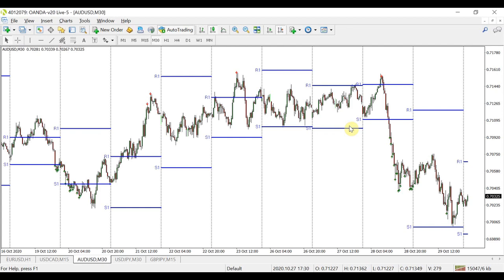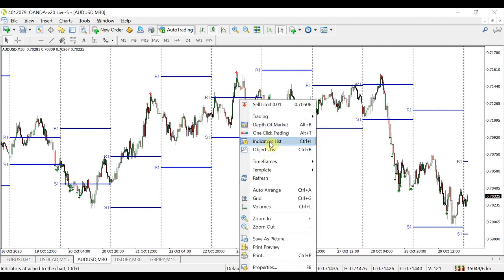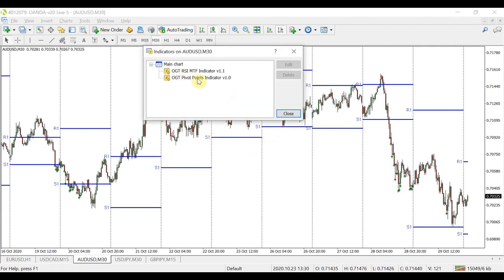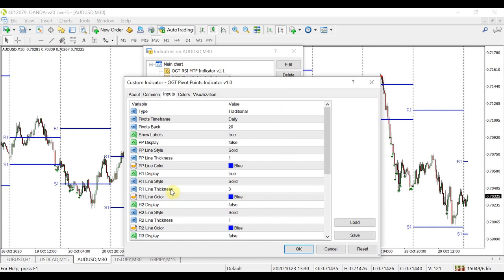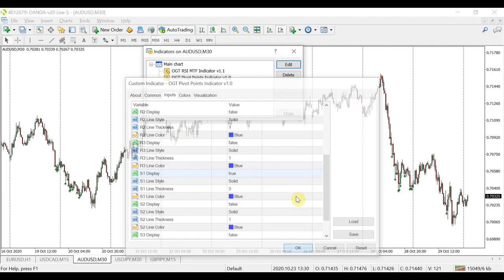That might actually help. So what I've got here is the OGT Pivot Points Indicator, and I've obviously got the RSI MTF indicator as well, which, again, you guys know I love that indicator. And what I've done is I've only selected the R1 and S1 levels to be true.